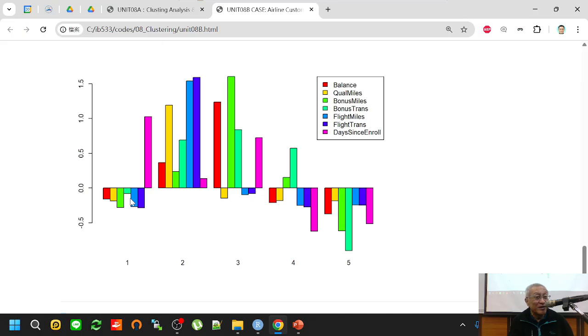So this group, they do not fly too frequently. They do not have too much activity in the last, these 4 columns, which are the recent activity, the fly and non-fly activity. So they are low, and the balance is low, right?